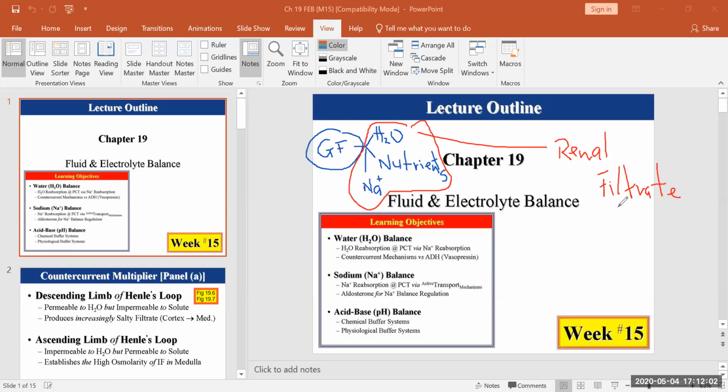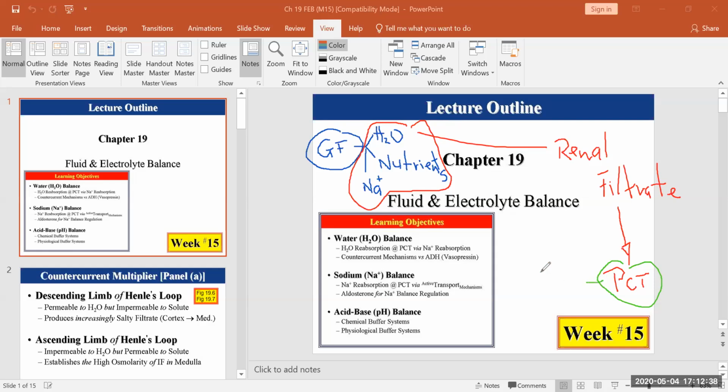And this renal filtrate will leave the renal corpuscle, meaning the Bowman's capsule with its glomerulus, and it will go to the PCT, proximal convoluted tubule. And it is exactly in the PCT that reabsorption of most of the water, all of the glucose and amino acids, and most of the sodium would be reclaimed by the PCT.